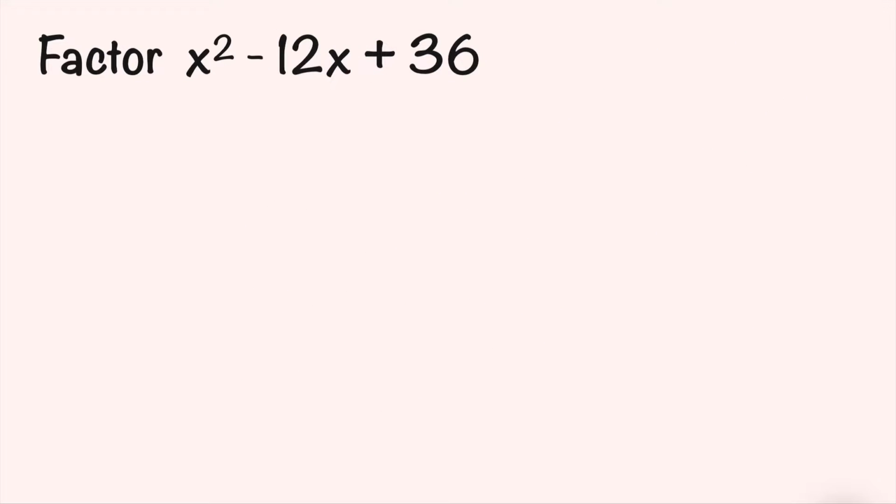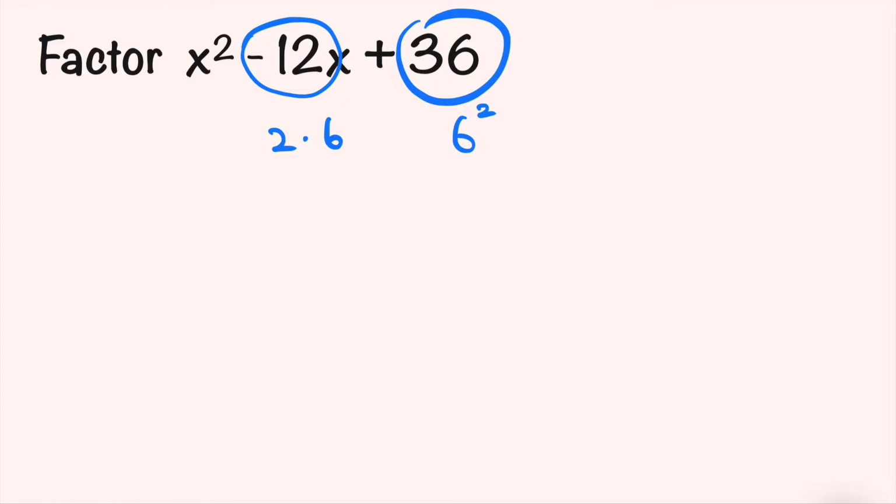We have x squared minus 12x plus 36. First, recognize that 36 is the square of 6. And after, recognize that we have negative 12. 12 is 2 times 6, but it is negative. Okay, so we need to think a little differently. And this is what we do. 36 is actually not just the square of 6, but the square of negative 6 as well.